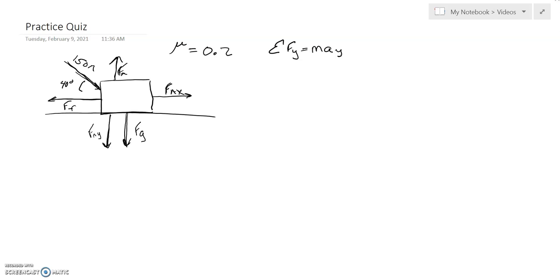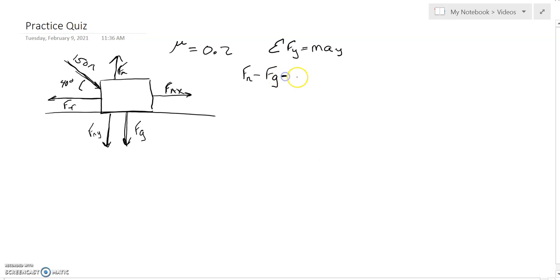So we have a force normal going up, so that would be positive, minus a force of gravity going down, which makes it negative. And we also have a negative normal force from the hand because of the angle at which it is being applied. Equals our mass times acceleration. We already decided that acceleration was 0, so it's going to equal 0.